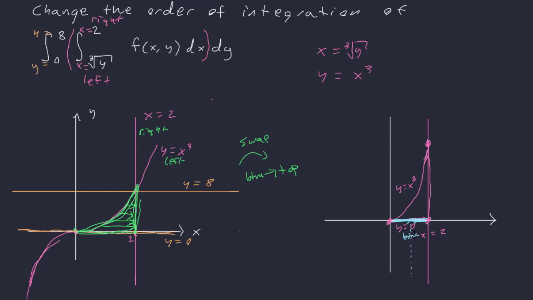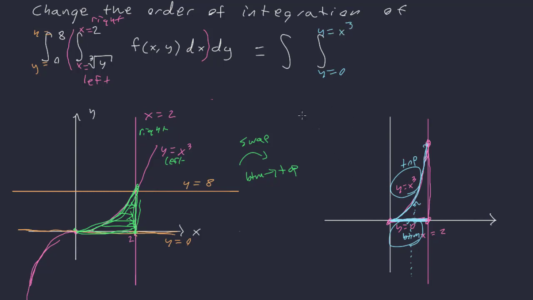So y equals 0 is going to be our bottom, and our top is this y equals x cubed. If I get started over here, I'm going to leave the outer integral alone to start with, but bottom to top, our bottom is y equals 0, our top is y equals x cubed.